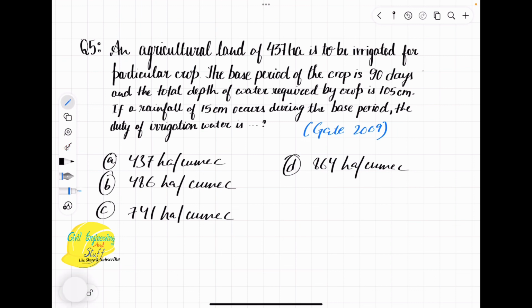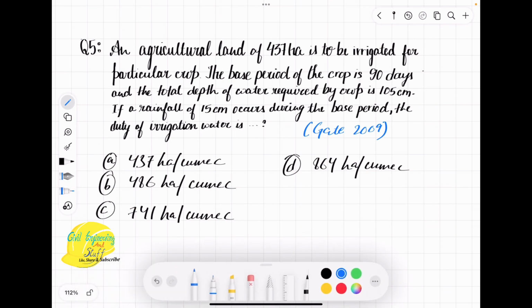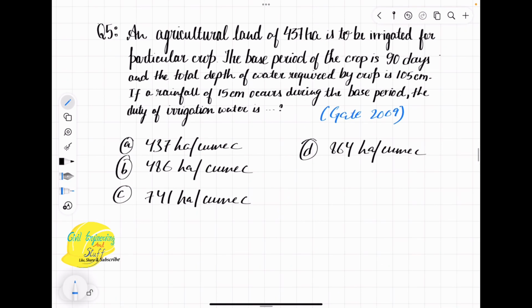All right, let's solve this question. In this question we have been given a rainfall of 15 centimeters, and just now we discussed that rainfall is different from effective rainfall.